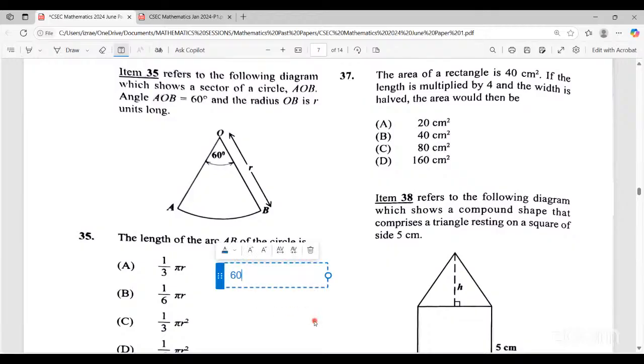So it's 60 over 360 by 2 by pi by r. 60 over 360 is 1 on 6. 1 on 6 by 2 will give you 1 on 3 by pi by r, which is equal to the length of the arc. Right, good. So that's A, right?